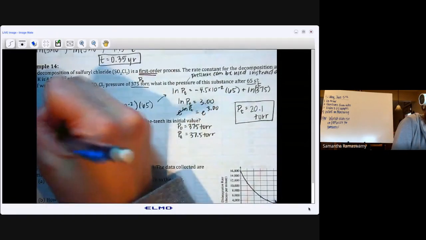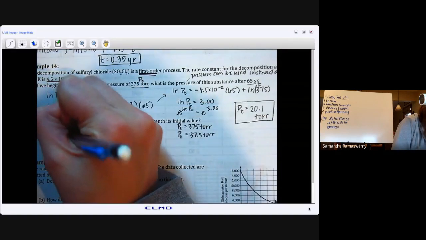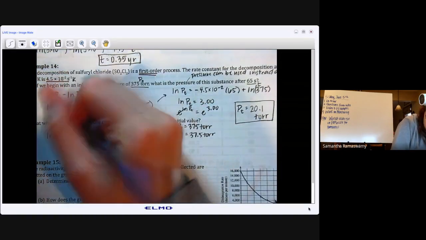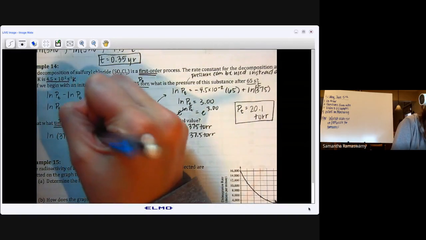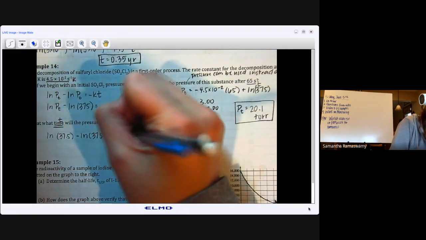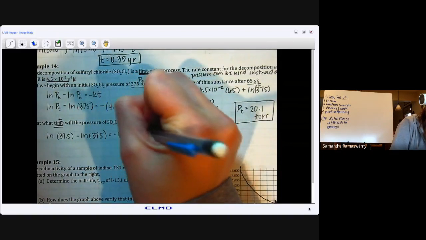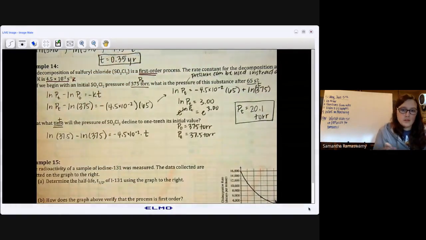It's still first order. So I'm going to go ahead and do ln of 37.5 minus ln of 375 equals negative k times t. Right?